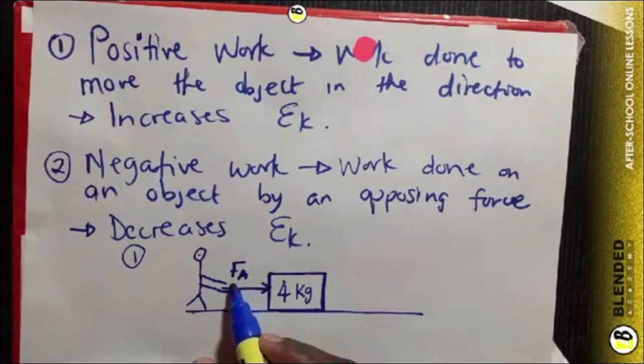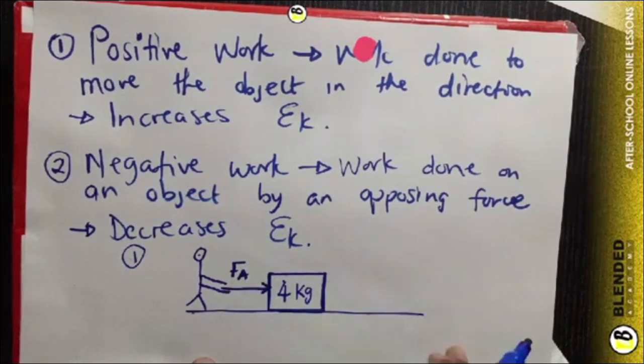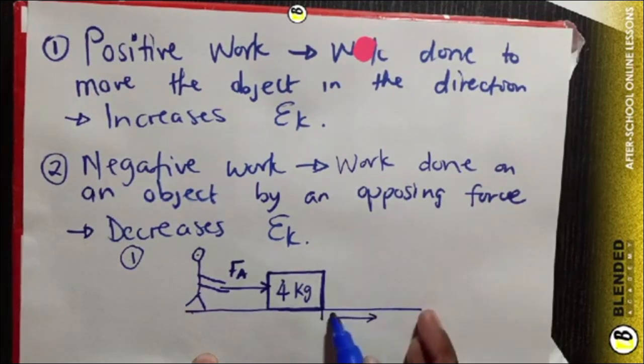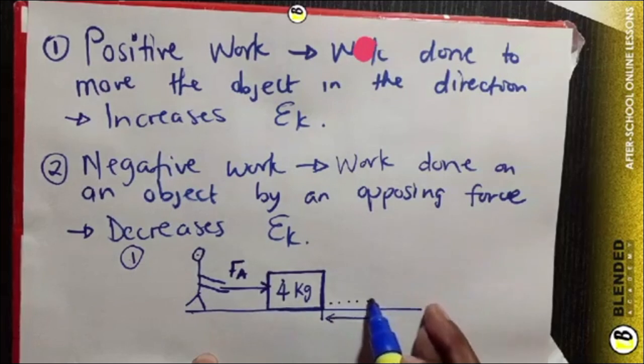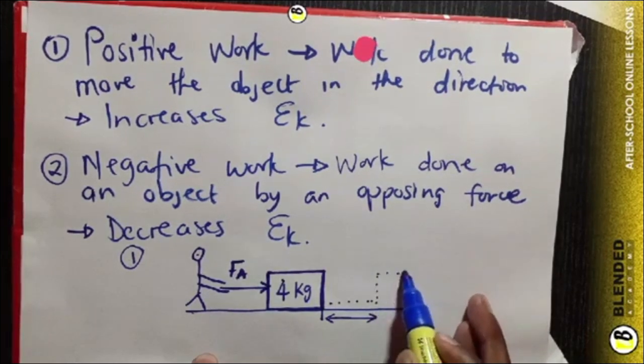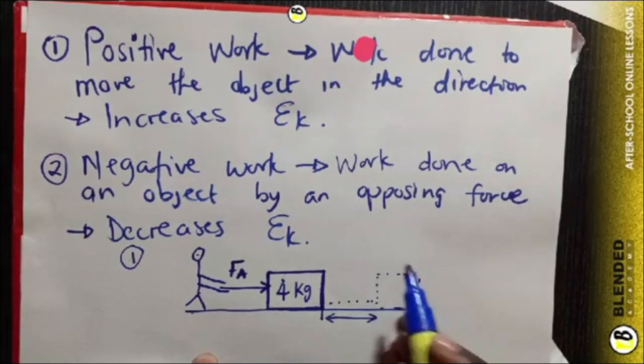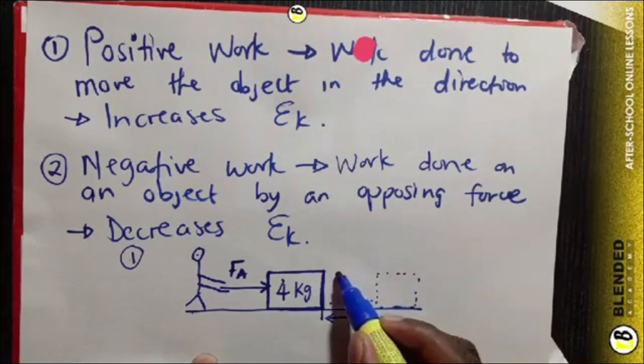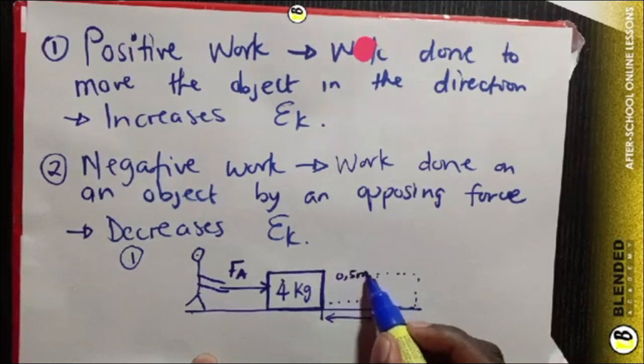So now this applied force is being applied towards the right. You understand? And now let's say this object moves a certain distance towards the right. The new position of the box is there. Let's say it moves 0.5 meters towards the right.